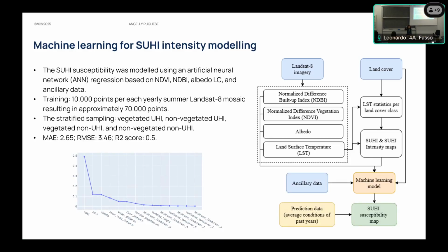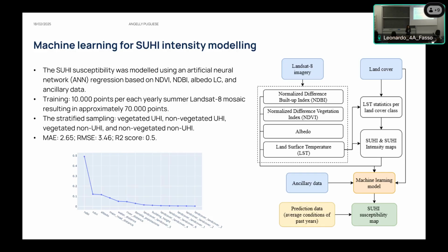As you saw in the surface urban heat island intensity maps, this varies throughout the year. So if I expect to give a temperature difference with respect to the temperature I'm expecting in a specific year, it's going to vary a lot, even inside the same season.